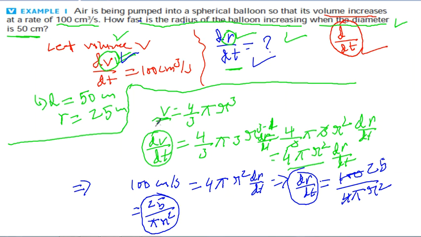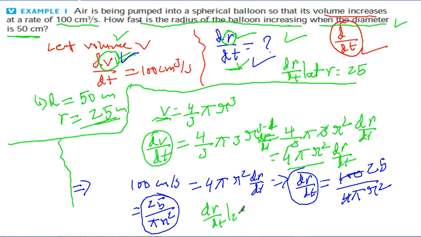Now another additional information is given: when r is equal to 25. So now I need to find out the value of dr upon dt at r is equal to 25. So what to do? Nothing else. I am going to get dr upon dt at 25.